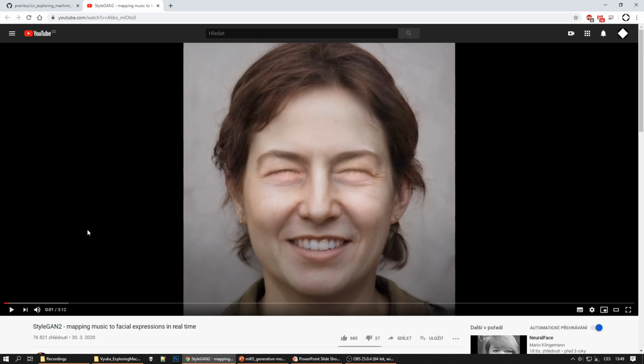And they mapped vectors which are describing music into a latent vector representation, and then used that description vector, the feature that was extracted from the music, let's say, to generate new images from the GANs.